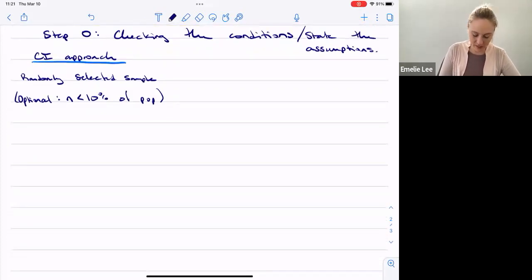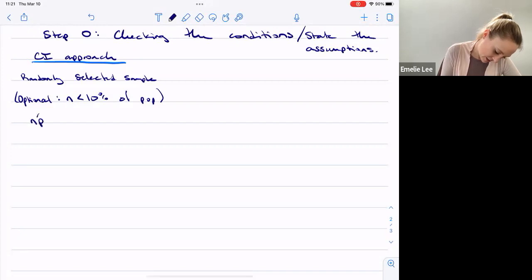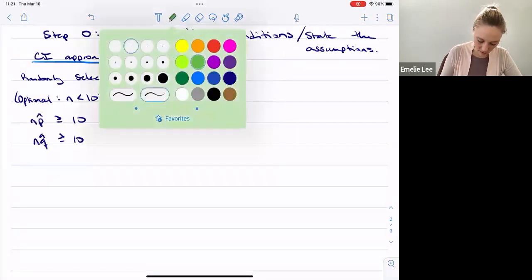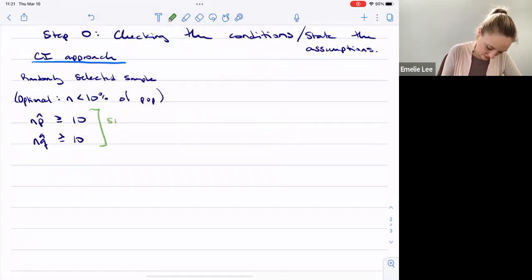I have to have a randomly selected sample, and the optional one is that N has to be less than 10% of the population. And I have to have N times P hat greater than or equal to 10, and N times Q hat greater than or equal to 10. And this is what we call the success failure condition.